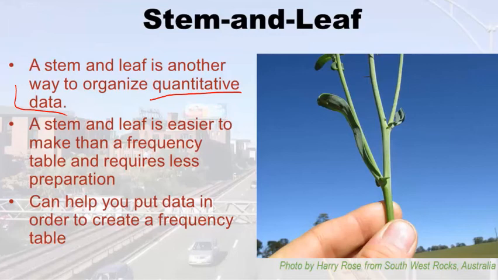And that is why sometimes, if you know that you need to make a frequency table and you don't want to go through all the math and all the prep work, and you just want to kind of go with the flow and not have to think too much, it might actually be easier for you to create your stem and leaf first and then convert that into a frequency table, okay?